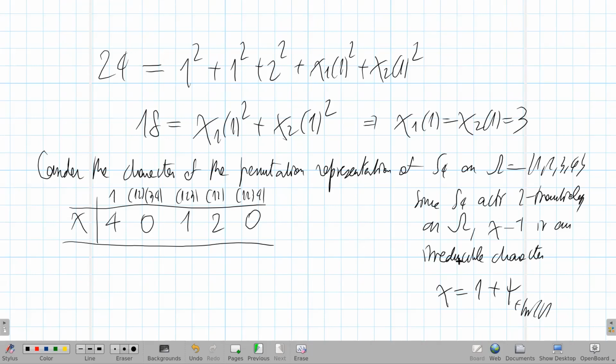If it acts 2-transitively, then it's 1 plus psi with psi irreducible. So what's the psi, which we'll call chi1? You subtract 1: 3, 0, 1, minus 1. I simply took these fixed point values and subtracted 1. And this will be an irreducible character.